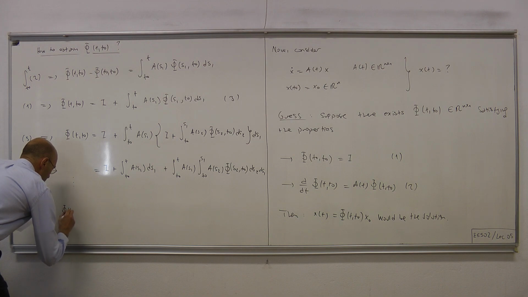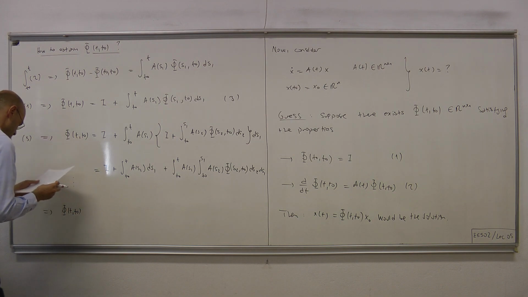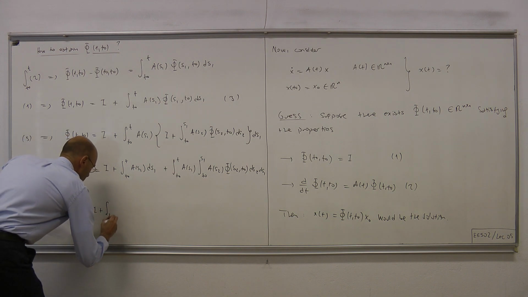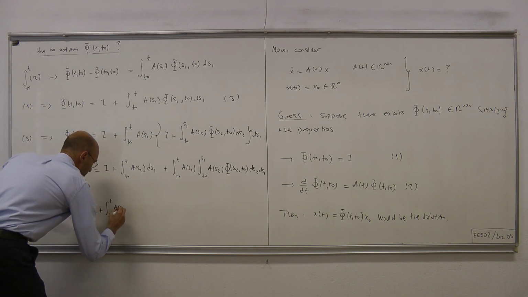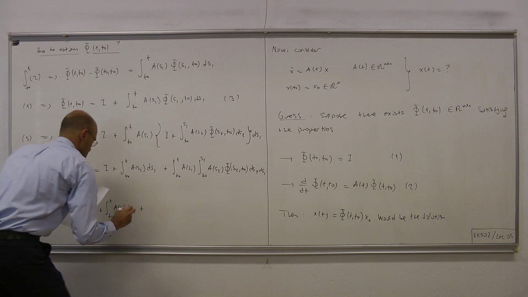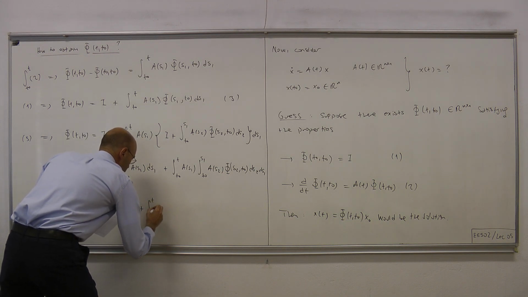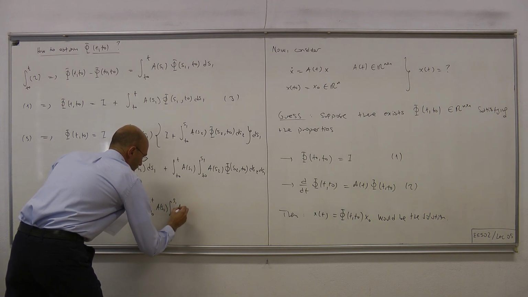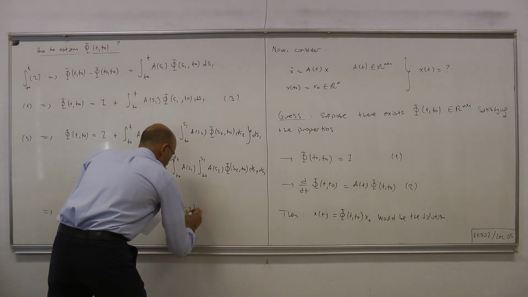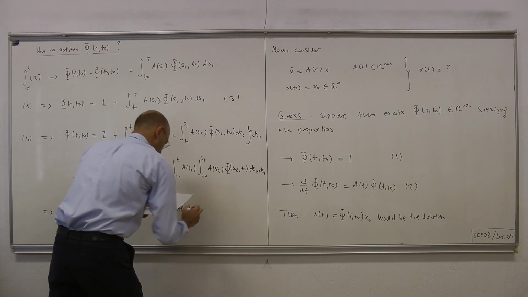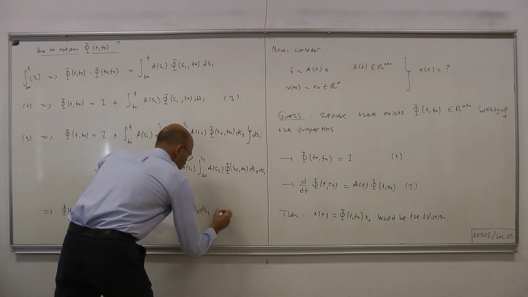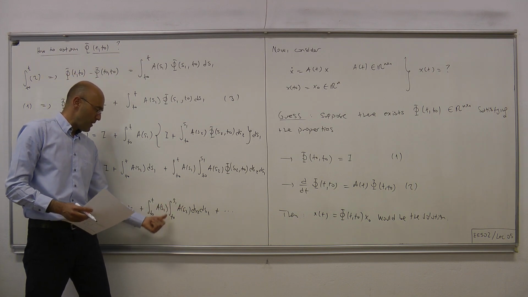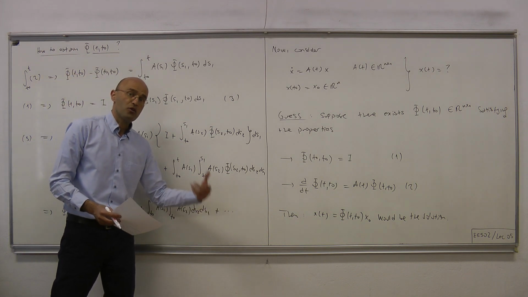Phi T T0 equals identity plus the integral from T0 to T of A S1 dS1 plus the integral from T0 to T of A S1 times the integral from T0 to S1 of A S2 dS2 dS1, plus a term that contains integral of A S1, then integral of A S2, then integral of A S3, and so on.